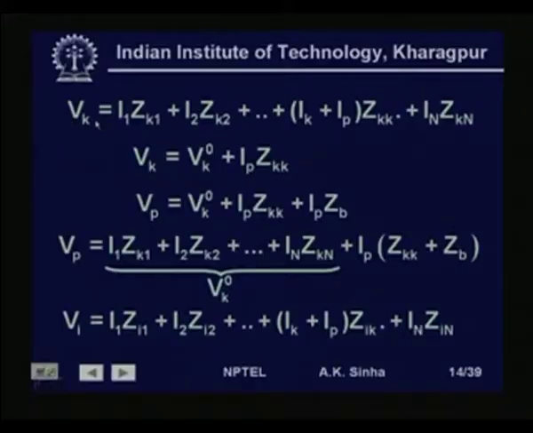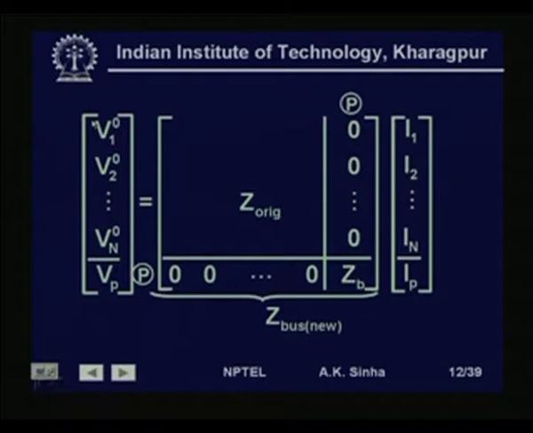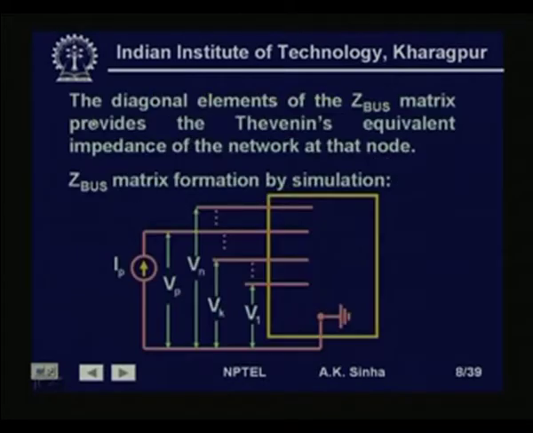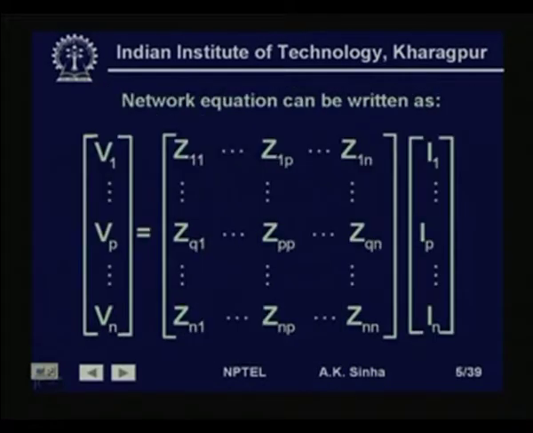Now Vk, as you recall from here, will be equal to Zk1 into I1 plus Zk2 into I2, Zkk into Ik, and plus up to Zkn into In.